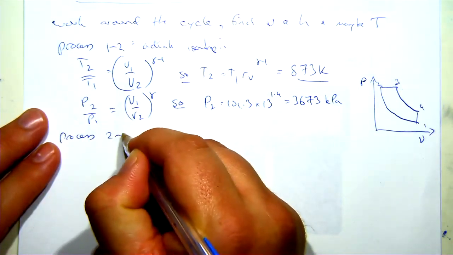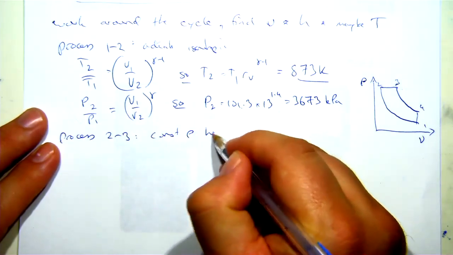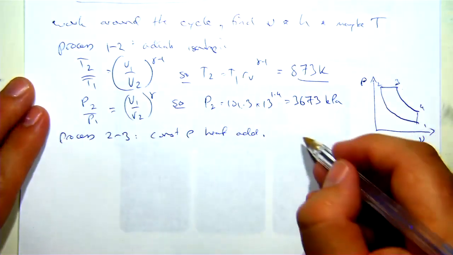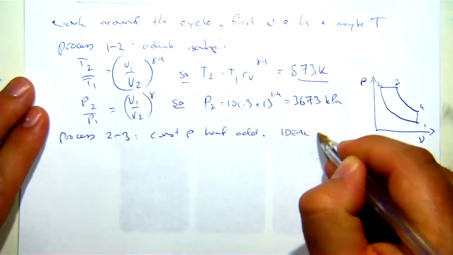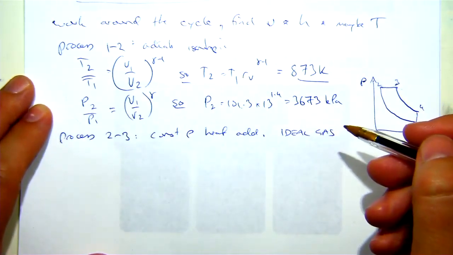Process 2 to 3 is a constant pressure heat addition, and it's an ideal gas, which means I can use PV equals RT.